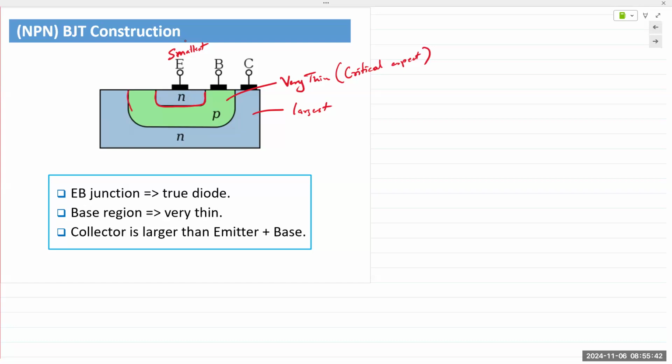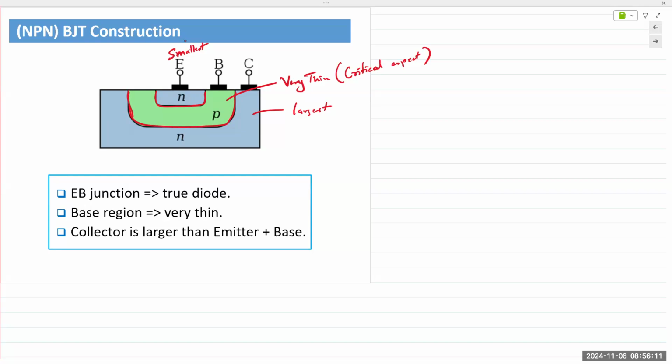And then you have the collector base junction right here. The emitter base junction behaves like a true diode, like a true PN junction. So you forward bias it, and it behaves like a normal PN junction. Okay, base region is the thinnest and is the most critical aspect, and that allows the BJT to function differently than just two diodes. Okay.